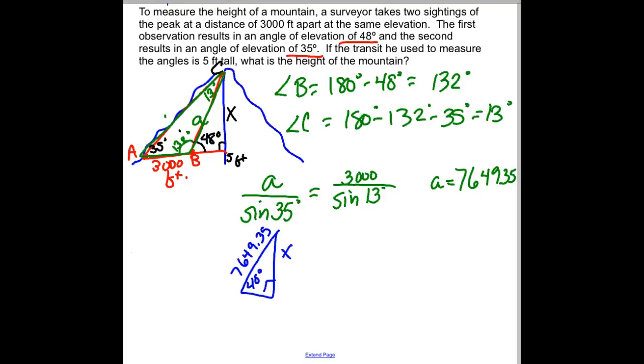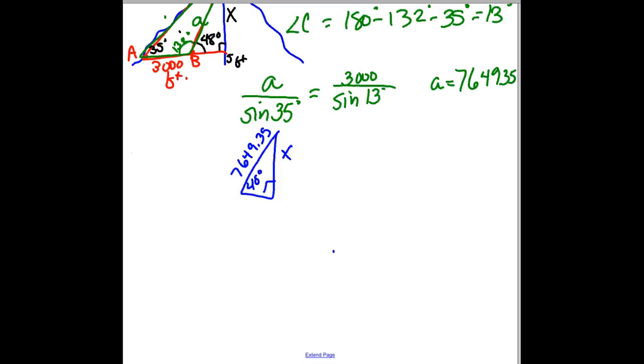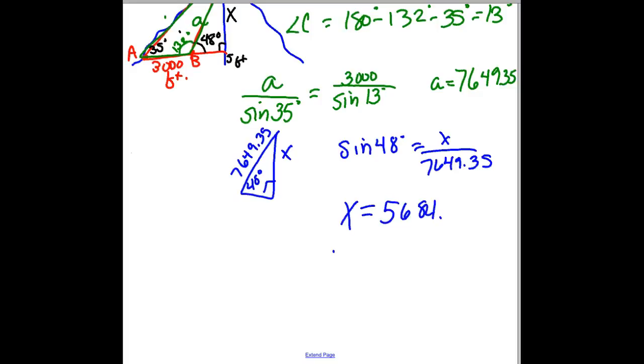Now we can just do our SOHCAHTOA. Which trig function would we use? Sine? So the sine of 48 degrees equals x over 7649.35. Multiply that over to the sine of 48. What do we get for x? 5,684.575. Okay, is that my answer?